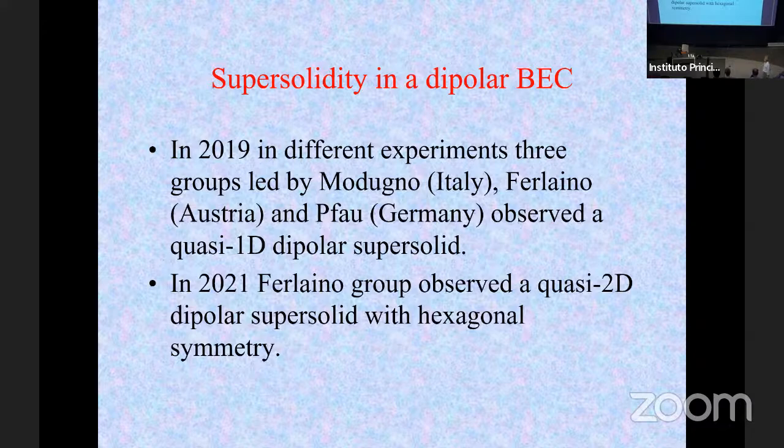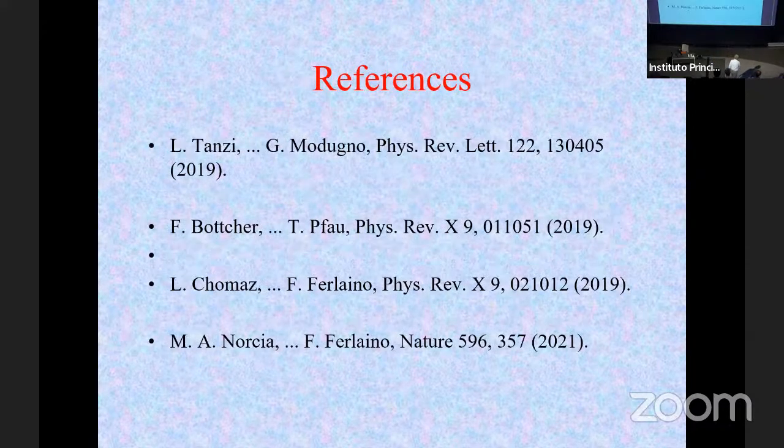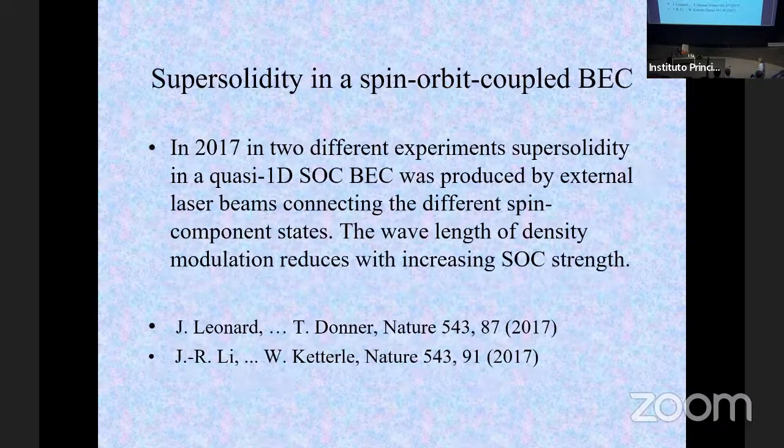And in 2021, the same Ferlaino group observed a quasi-2D dipolar supersolid with hexagonal symmetry. And these are the references of those four papers. And supersolidity in a spin orbit coupled BEC.